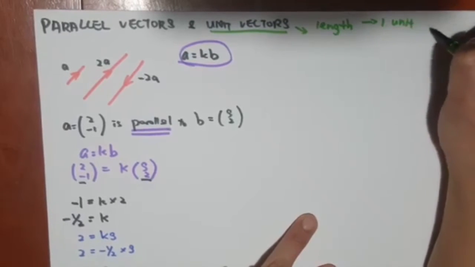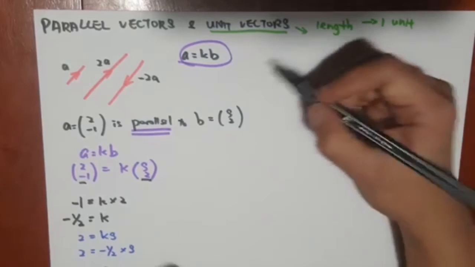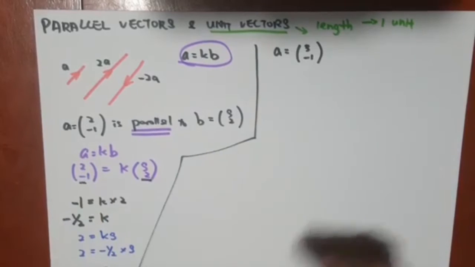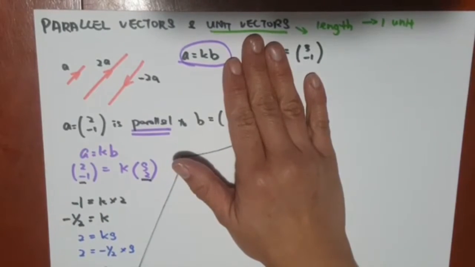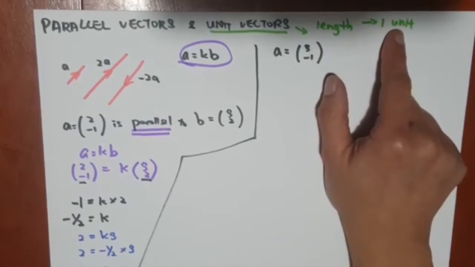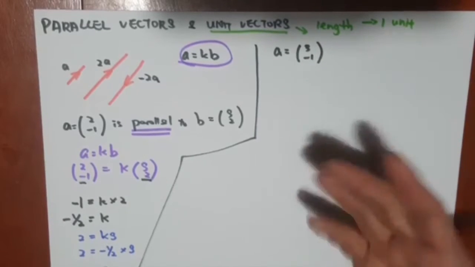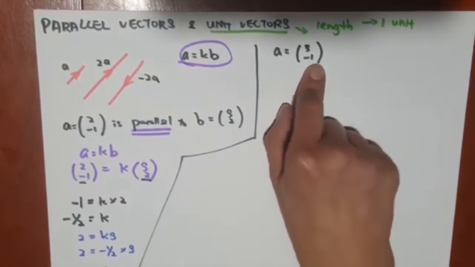So in the next part, we are focusing on unit vectors, and a unit vector means that it is still a vector, but the length needs to be 1 unit. For example, if I have a question like: find the unit vector in the direction of A, and A is a vector like this.